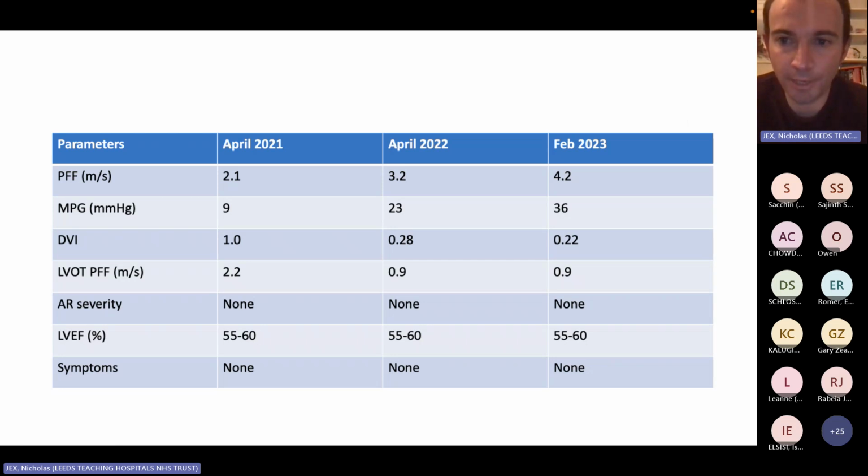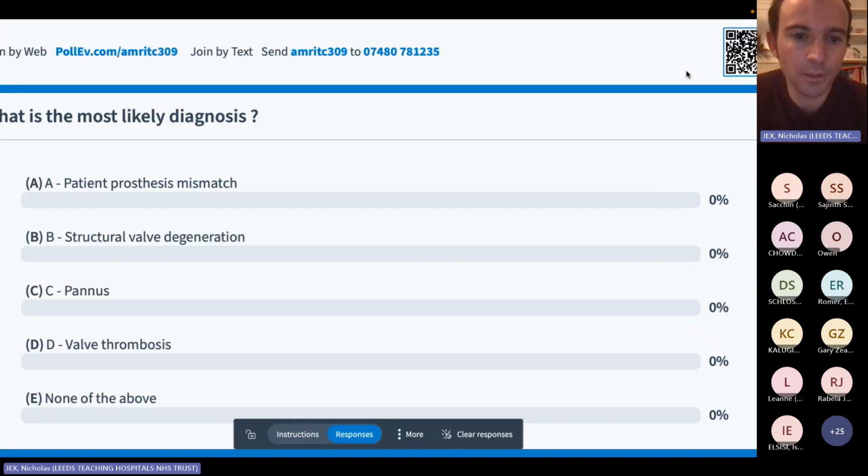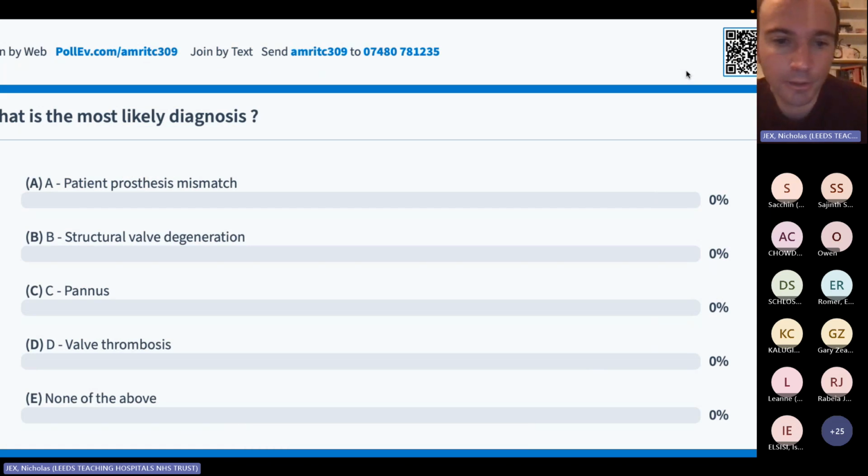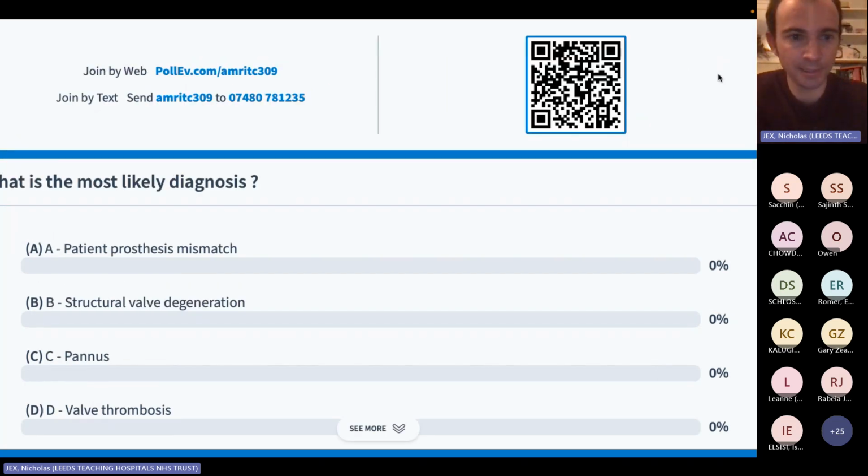So peak velocity, sorry, 4.2, mean gradient of 36, further drop in the DVI to 0.22. LV function is preserved and the patient has remained asymptomatic throughout the follow-up period so far. So we've got an asymptomatic patient. Based on the echo images and the measurements, what do you think the most likely diagnosis is here? Is it patient prosthesis mismatch, structural valve degeneration, pannus, or valve thrombosis?